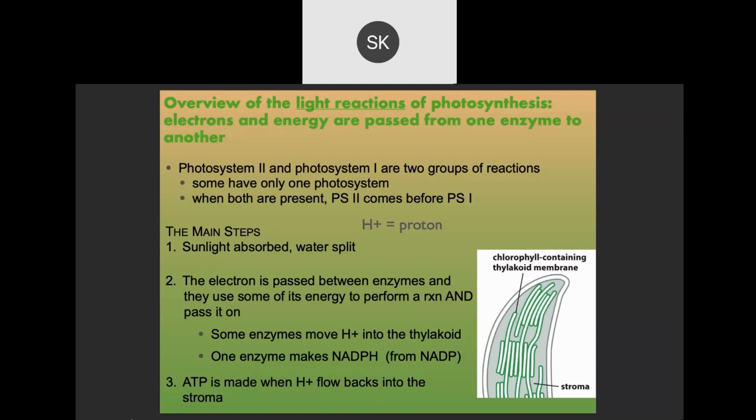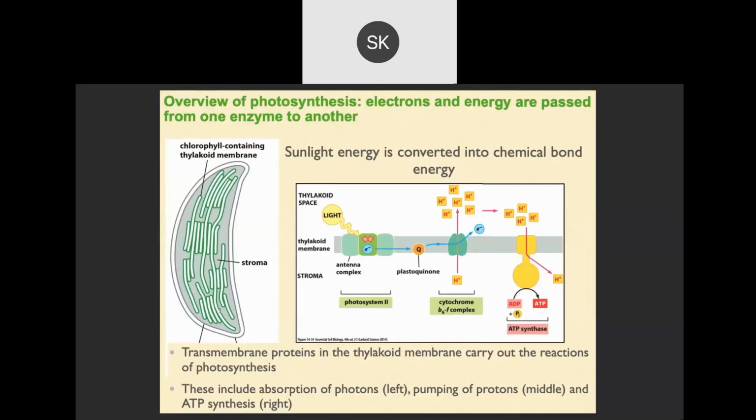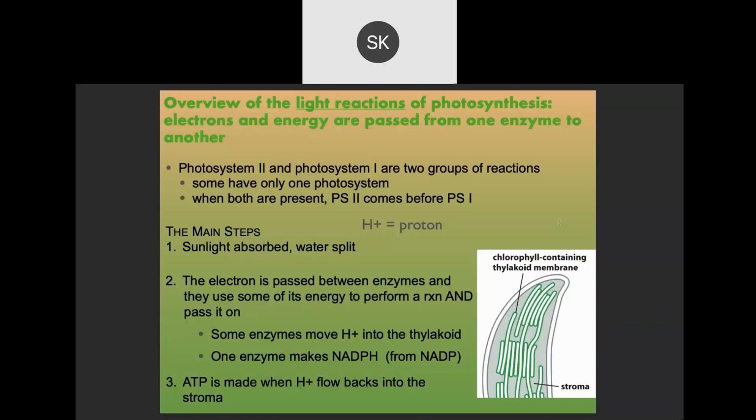Then the electron is passed between enzymes, and some of its energy is used to perform a reaction. Of course, the electron isn't running around on its own. These proteins are transferring the electron to the next protein in the sequence, going from one to the next, and it has to go in sequence. The proteins themselves are helping that to happen.